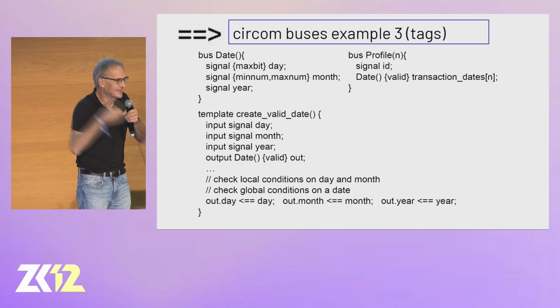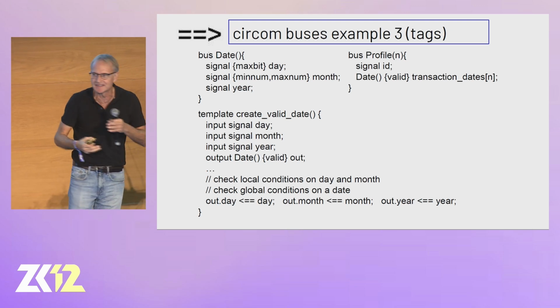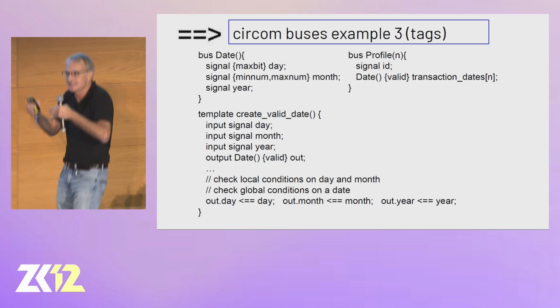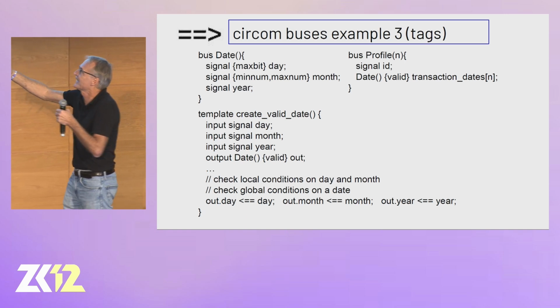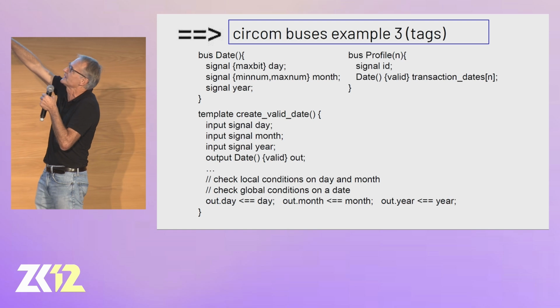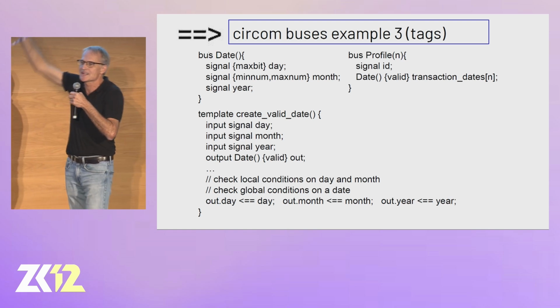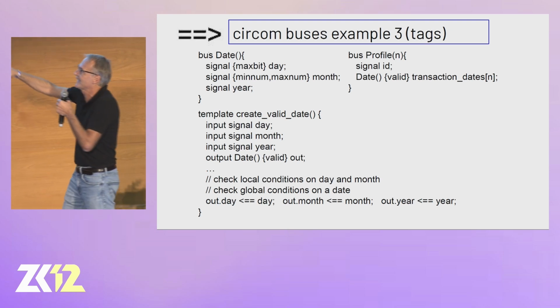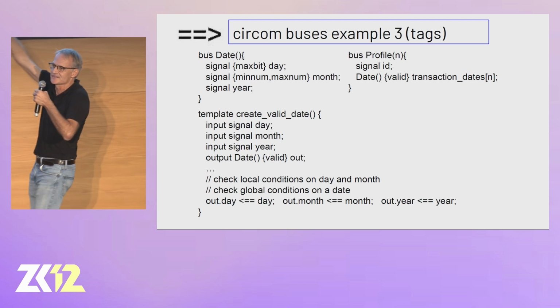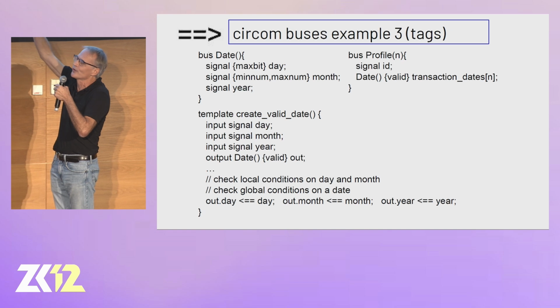It means adding constraints that ensure that the date is valid. Okay? We are creating circuits that ensure things. Okay? So we can do that. And look, if I do the template without any assumption on the input signals, then I add constraints here and so on, checking all the properties.